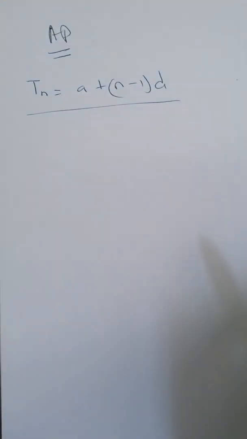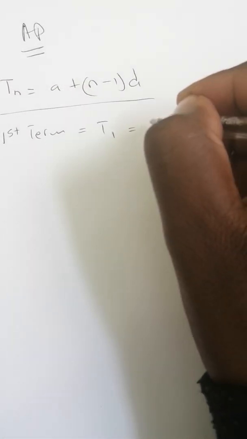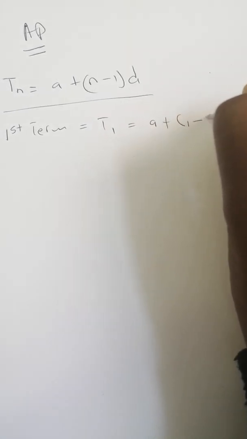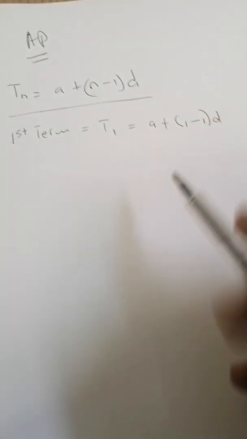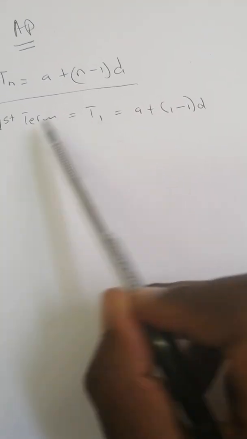So for example, you want to find the first term. The first term, we can refer to as T1. T1 is equal to a plus 1 minus 1 d, because n is equal to 1, since we want term 1, the first term.